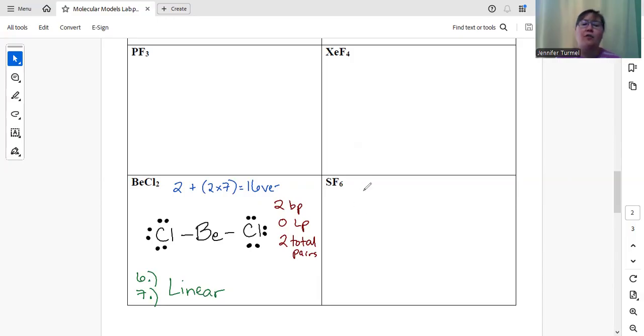Here we have sulfur, which is 6 valence electrons, and 7 for each fluorine, which gives us 48 valence electrons. So just looking at this, we automatically know that this is going to be an expanded octet. And we'll place all of our fluorines.